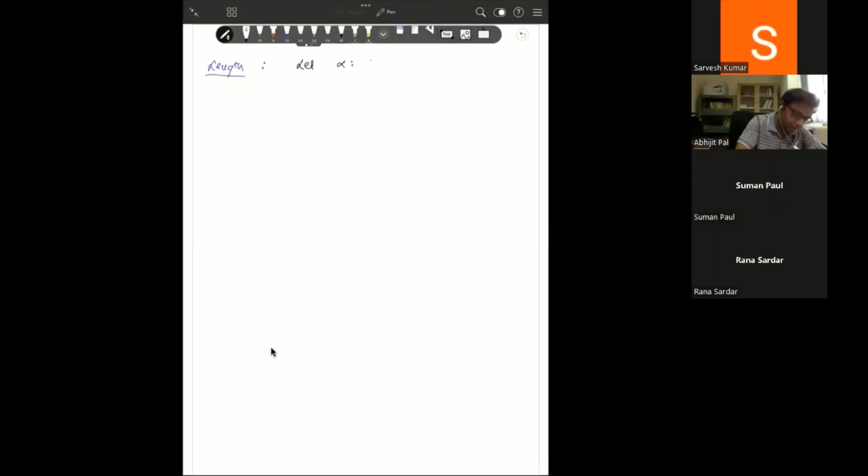So let alpha be a path. Path means continuous. So it is a continuous map from this closed interval 0, 1 to this metric space X. So I want to define the length of this path alpha.